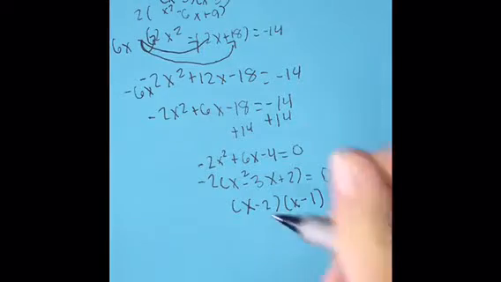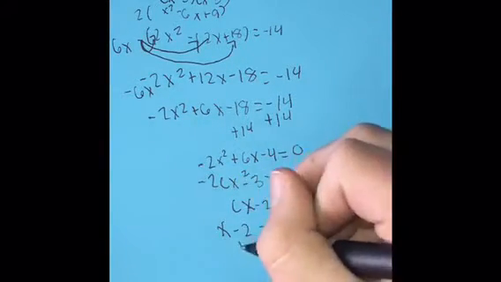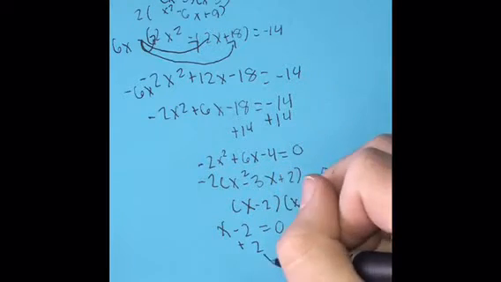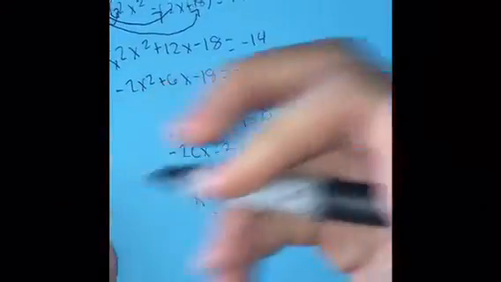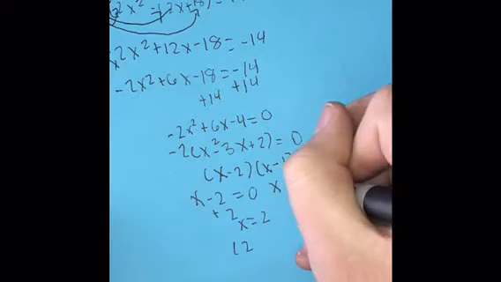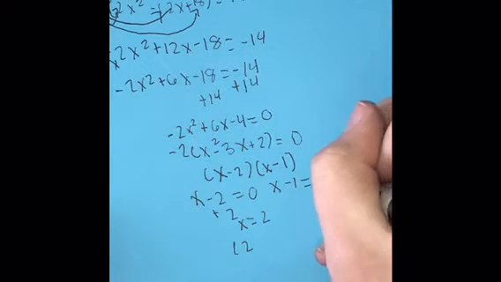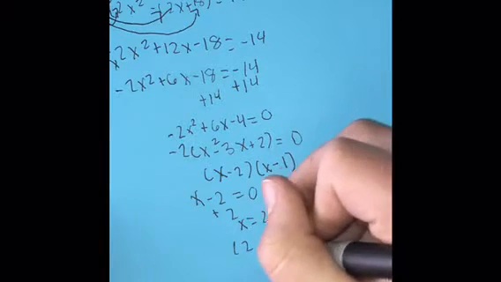We have to set them equal to 0, so we know x minus 2 is 0, plus 2. That makes x 2. So we know one of the x's of our equation is going to be 2. We do the same thing, and we end up with x is equal to 1, making the other x of our equation 1.